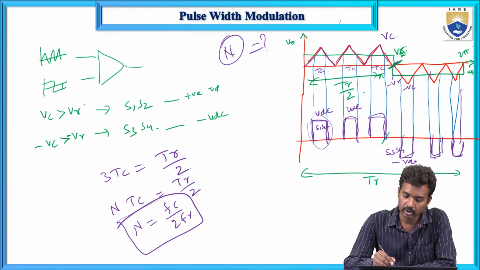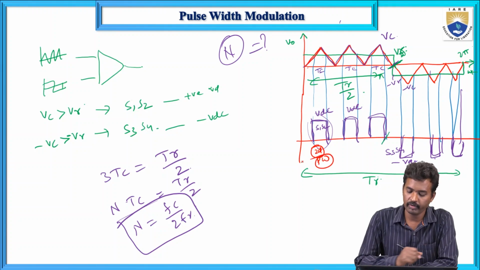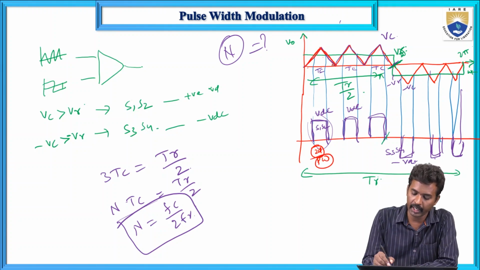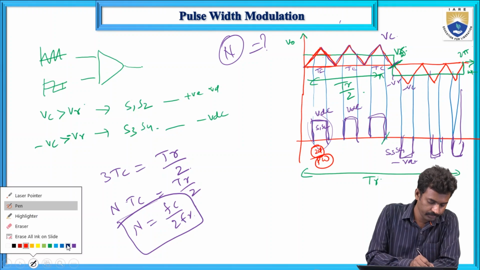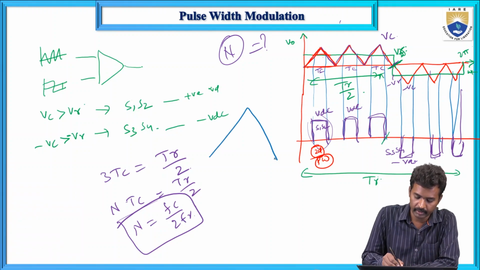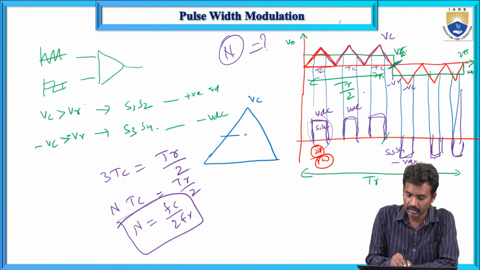How much pulse width will we get? This pulse width is 2d. Let me take this triangle. I am drawing the triangle. This is the VC, and this is the VR, and this length is VR minus VC, and this is your pulse width 2d.